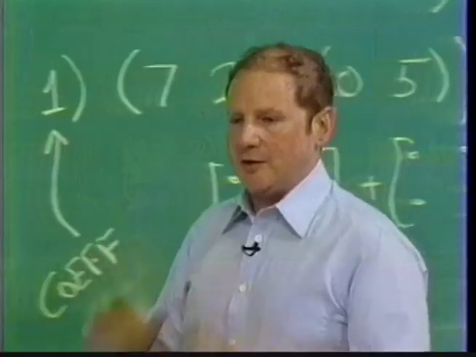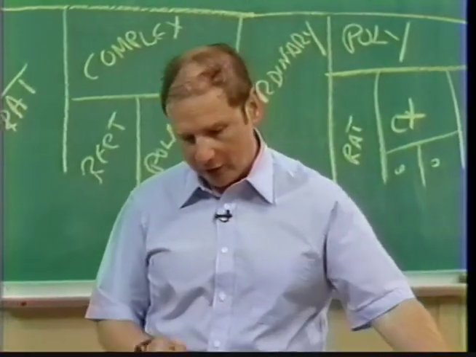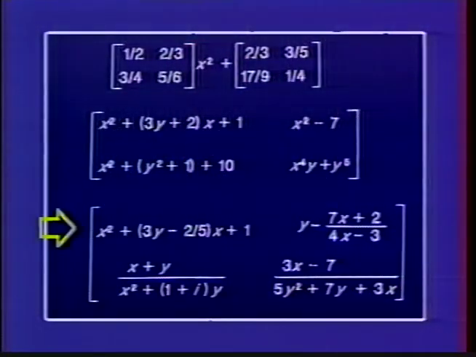So I can implement that the same way, and if I do that, then again, suddenly my system can start handling things like this. Right, so here's a matrix whose elements happen to be, well, say this element here is a rational object whose numerator and denominators are polynomials. And all that comes for free.